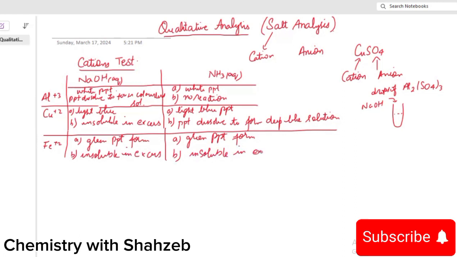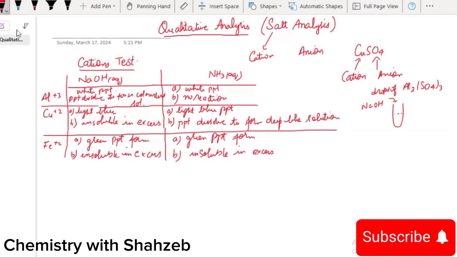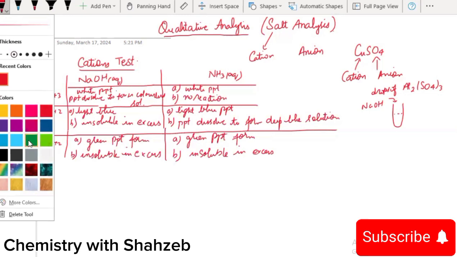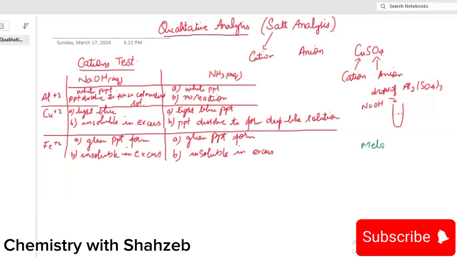The one thing which is very important, and I just want to describe in detail, is why this light blue precipitate or green precipitate forms. The reason is the formation of metal hydroxide.